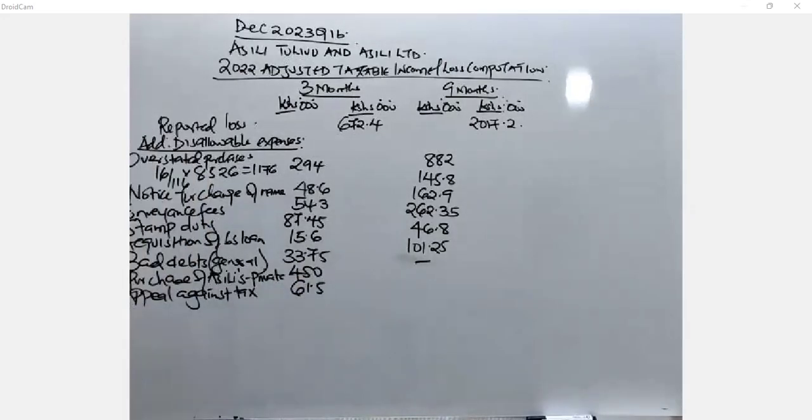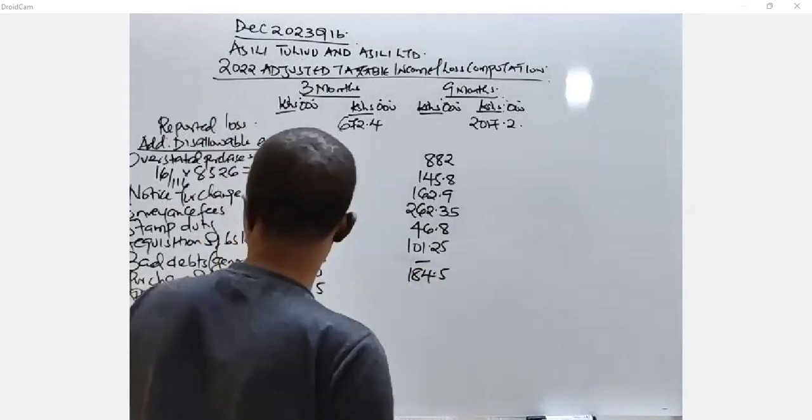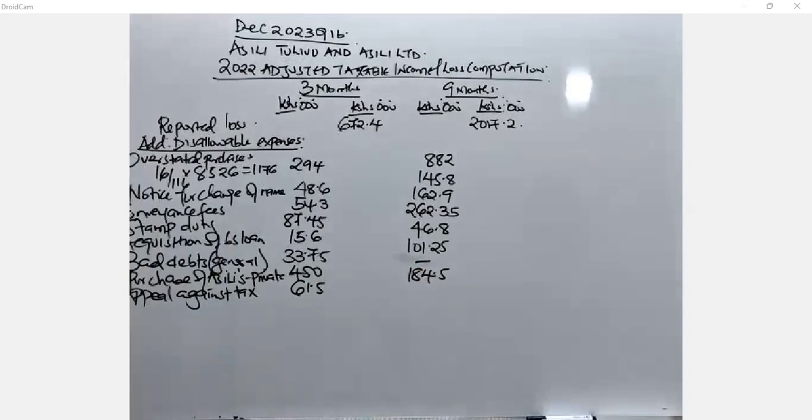Then the other one will be 246 minus my answer, getting 184.5. That is the appeal against tax assessments. Now, when you go to the repairs and maintenance, we talk about the purchase of furniture.